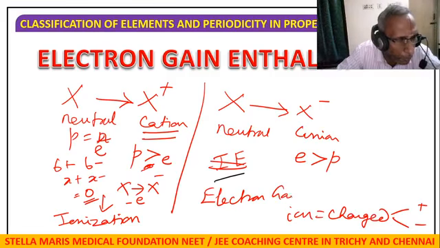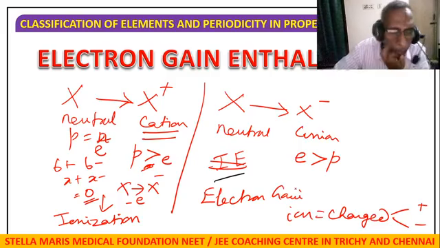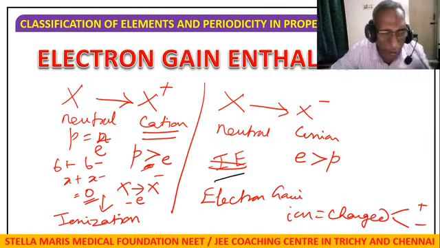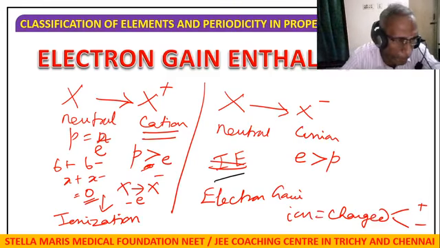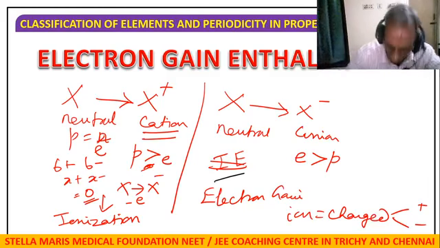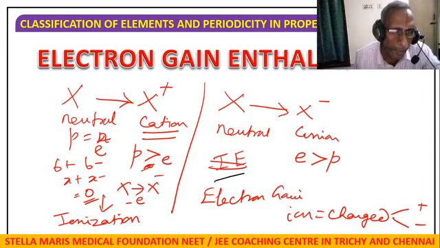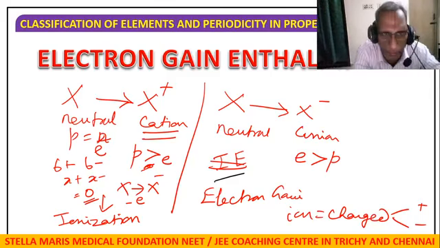So Harshit, at present you listen to the electron gain enthalpy process. We can see the ionization process a bit later. Now everybody is aware of what is meant by the electron gain process and the ionization process. Ionization is the process of losing an electron by an atom to form a positively charged species.